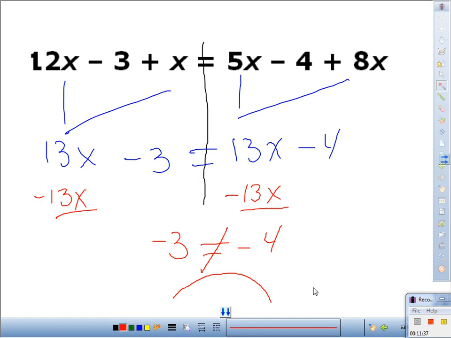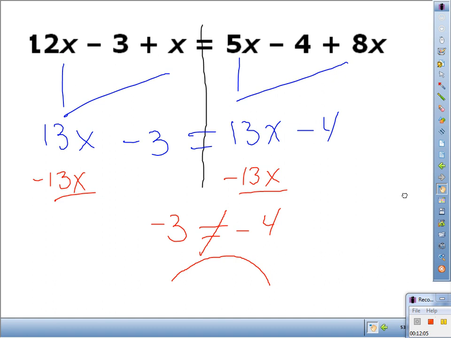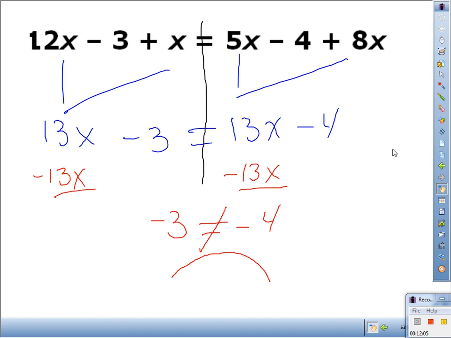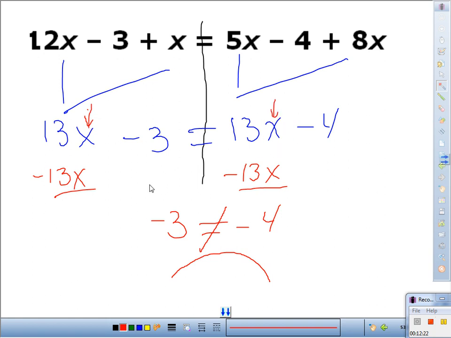Leslie, what would be the solution to this equation? Check this out. If I was to continue substituting values for x here, wouldn't the same value go here? And whatever that is, we're going to end up with a number not equal to another number all the way through.